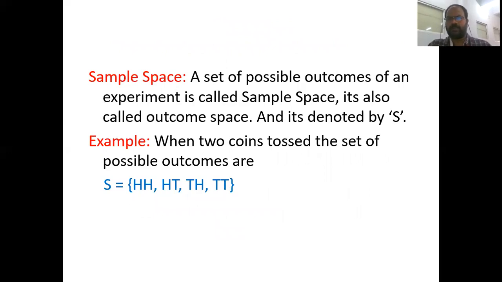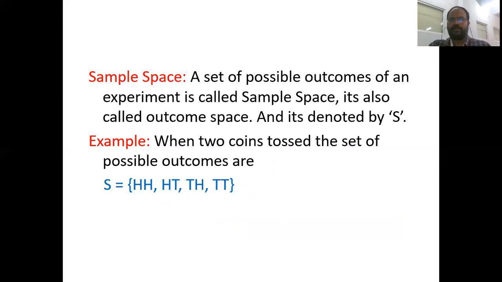Before going further, if I am doing an experiment, the results I will get are called outcomes. But when I am doing an experiment, it should be under identical conditions and homogeneous. Then only it is said to be random. Now we'll see what the outcomes are. For example, tossing a coin, the outcomes are head and tail.